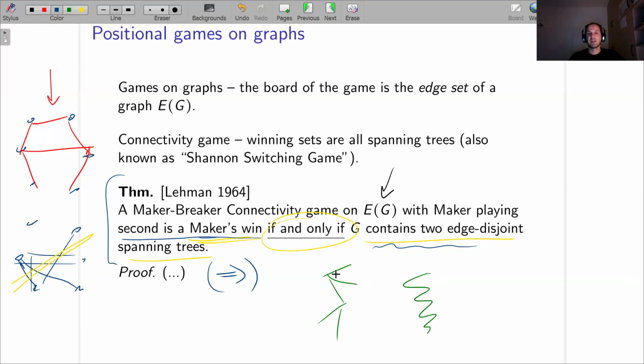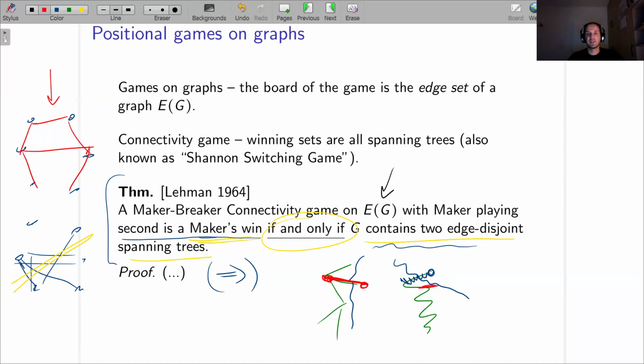So if breaker claims one element, say breaker plays here, it splits this one spanning tree into two. Then that edge in the other spanning tree also partitions that spanning tree in two, and maker can reconnect the whole graph by playing that edge that goes across.